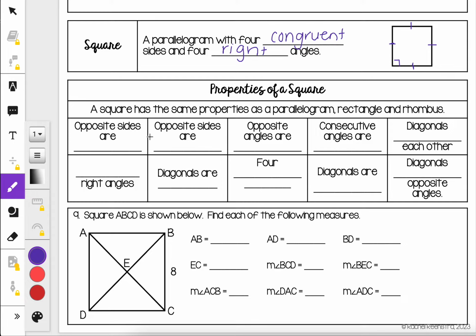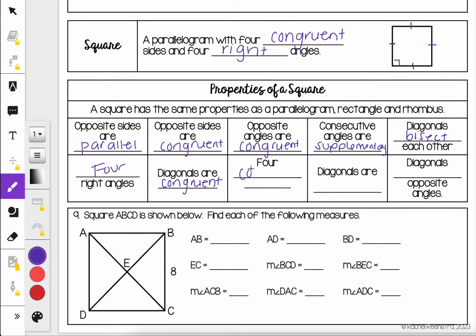So we know the opposite sides are parallel. They are also congruent. The opposite angles are congruent. The consecutive angles are supplementary. The diagonals bisect each other. There are 4 right angles, and the diagonals are congruent. Those were our 2 properties of rectangles.